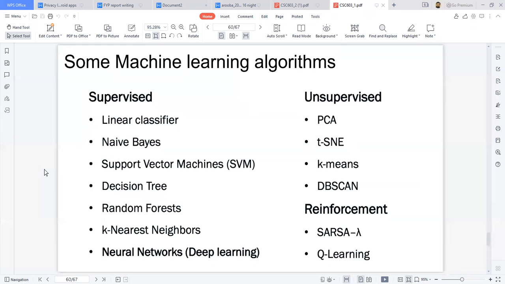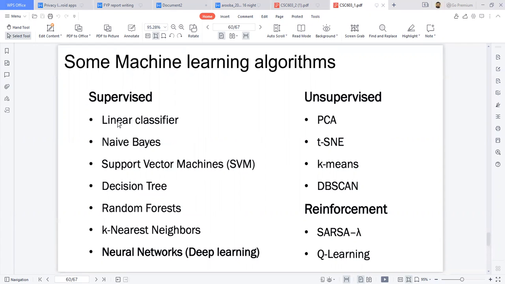So these are some machine learning algorithms which we will learn with time. Supervised learning includes linear classifiers, like linear regression, and naive Bayes is another algorithm, SVM, support vector machine, decision tree, random forest, KNN, neural network.